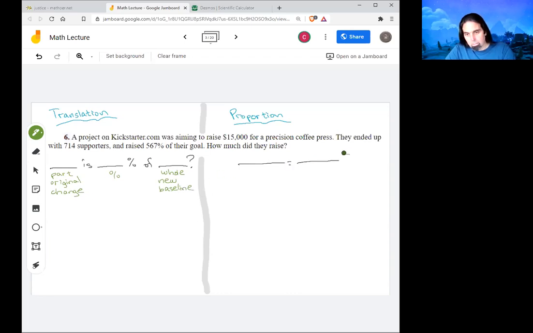And for this one, we have the one that's left over, the part, original, or change. The one that's of something, the percent, and just the number 100.